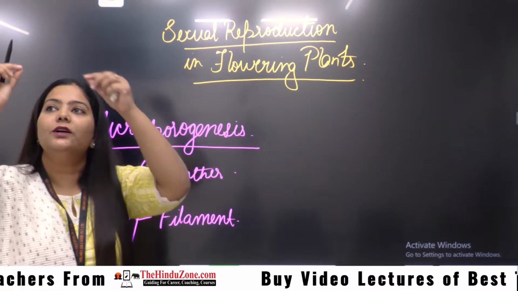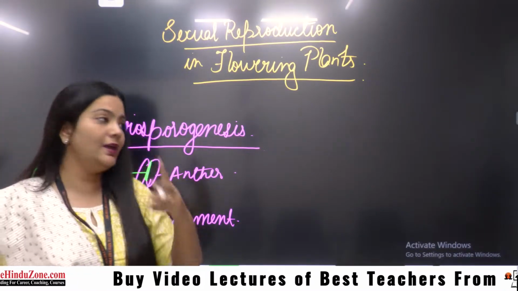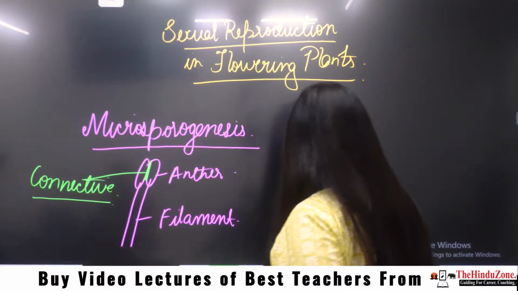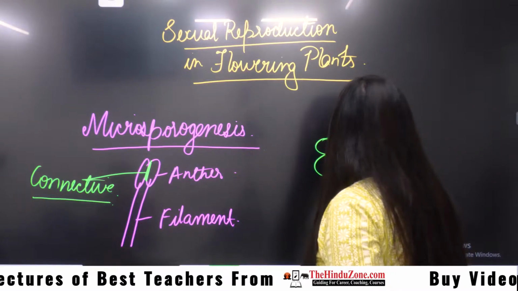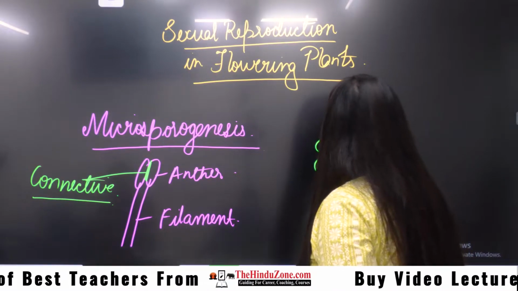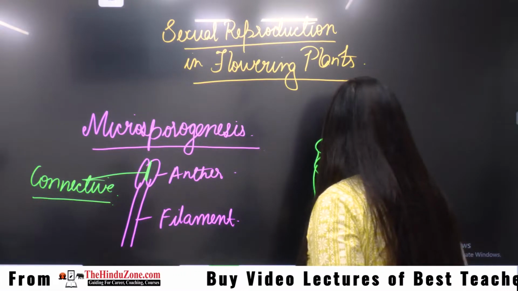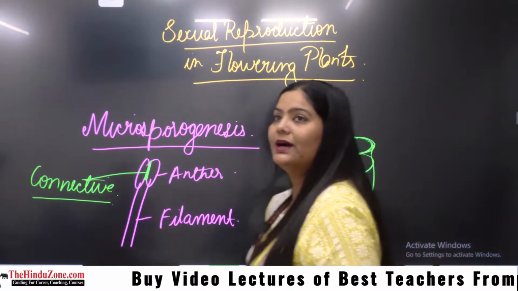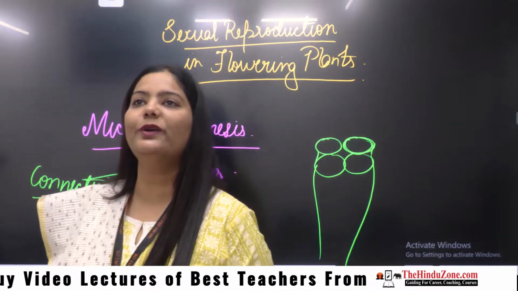These anthers also have some lines which make each lobe look like two thecas, and that is why we overall call it a diathecous anther. Clear to everyone?